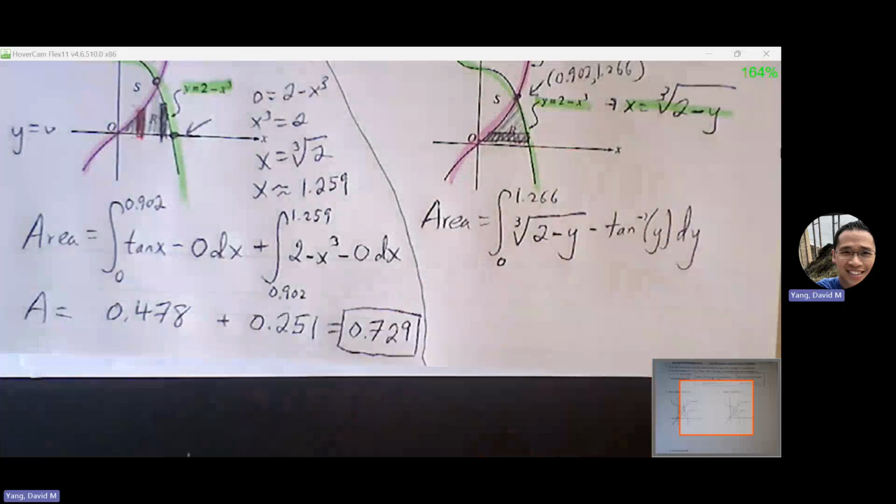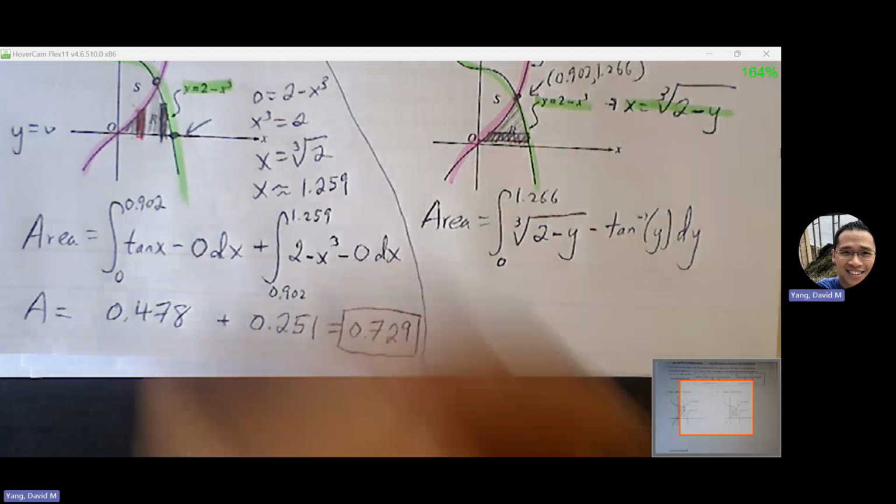Again, you're going to enter this in as x's. Don't use a different variable. Just use x. We should get the same answer.